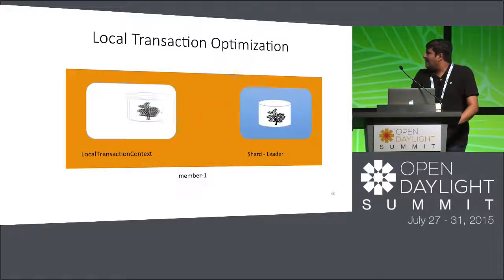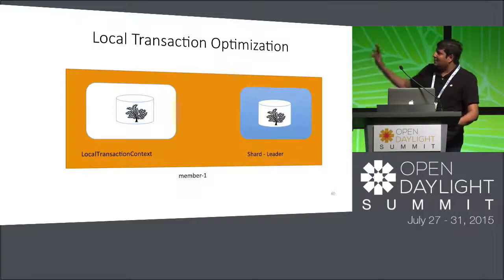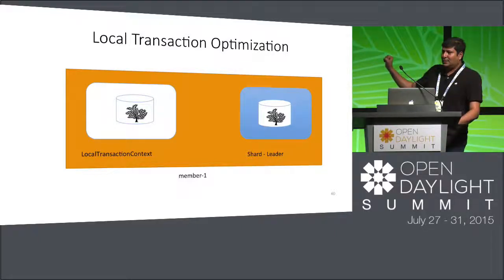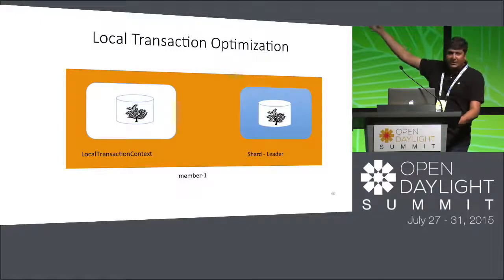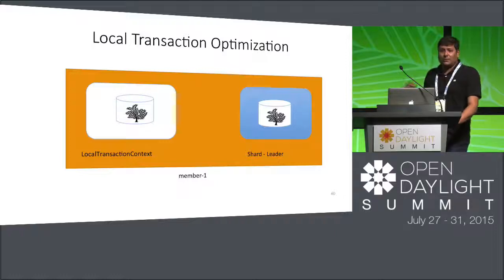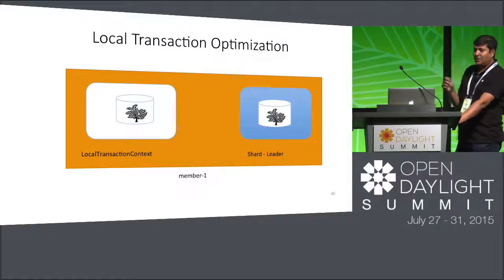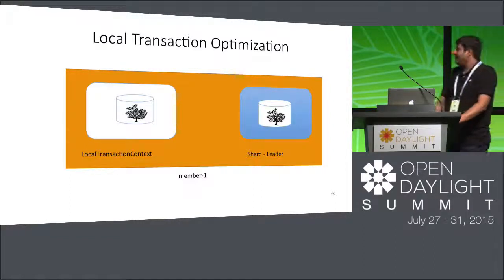Before you do any operations, the local transaction context steals a reference to the data tree from the shard. Basically the data tree is available on the local transaction context as just an object which can be interacted with. So now I don't actually have to send a message over to the shard leader. I have a reference to the data tree, so I can modify the data tree locally.